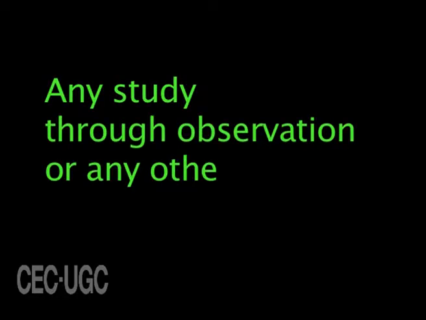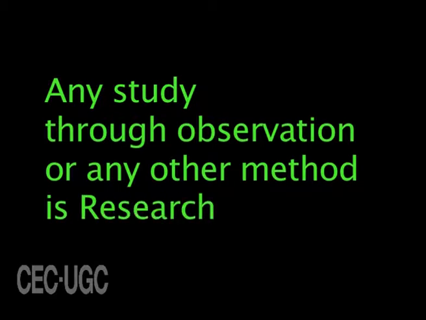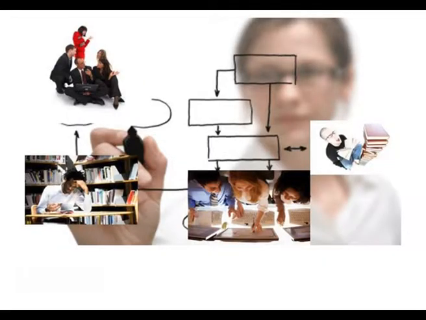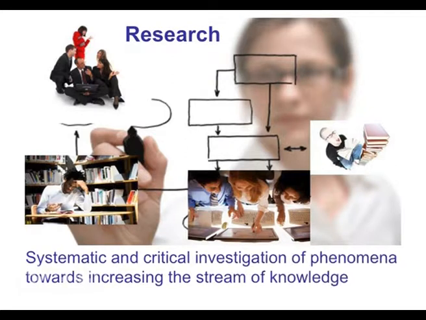Any study to create new knowledge or increase the existing fund of knowledge, may it be through observation or by other methods, is called research if it takes into account the biases, errors and limitations. As such, research may be described as systematic and critical investigation of phenomena towards increasing the stream of knowledge.